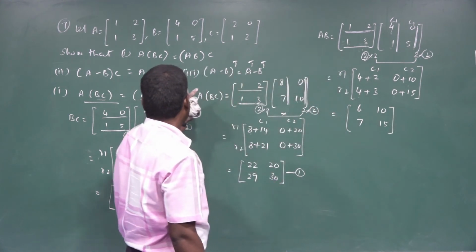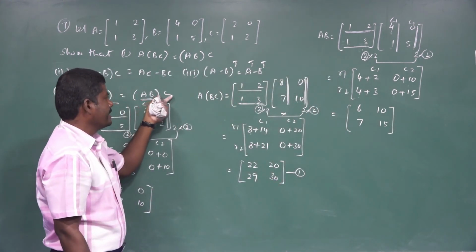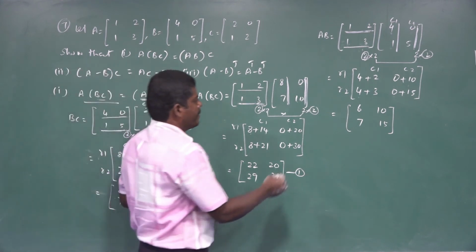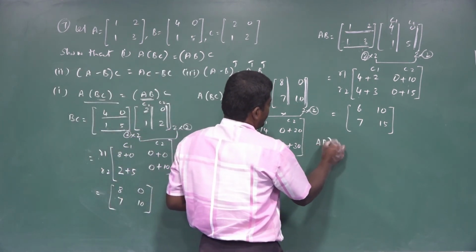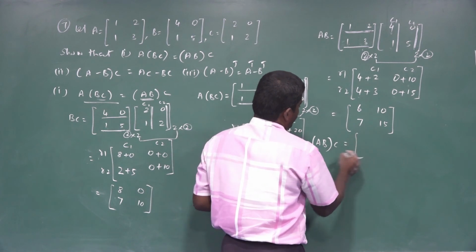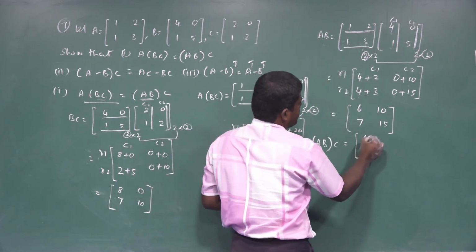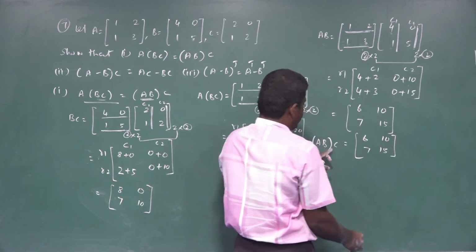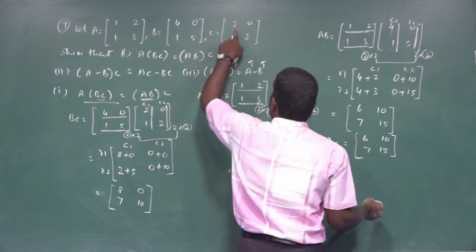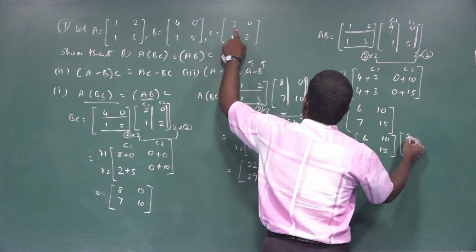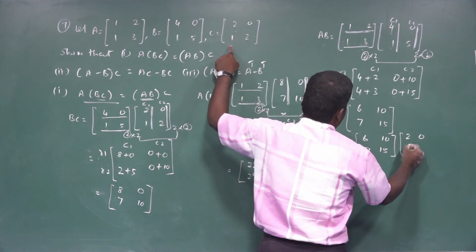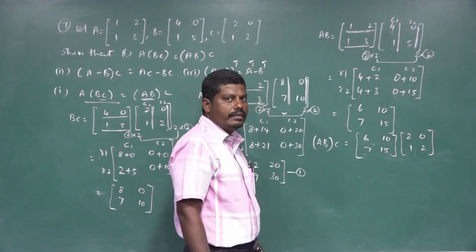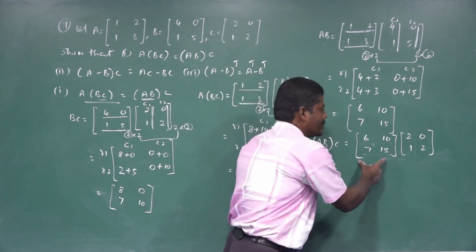Next this AB is multiplied with C. What do we get? AB multiplied by C. AB matrix is 6, 10, 7, 15, multiplied by C matrix 2, 0, 1, 2. Okay, next we want to multiply these two matrices.